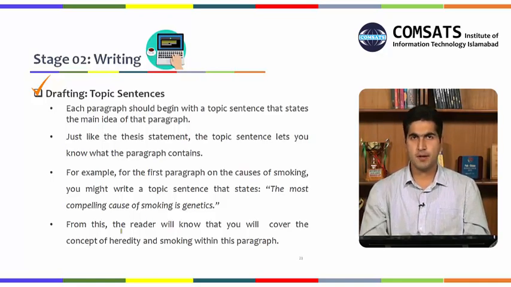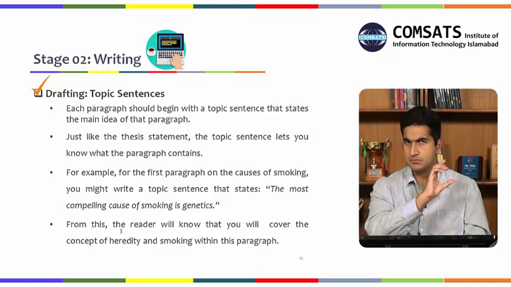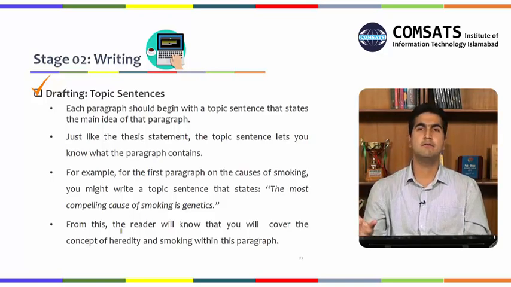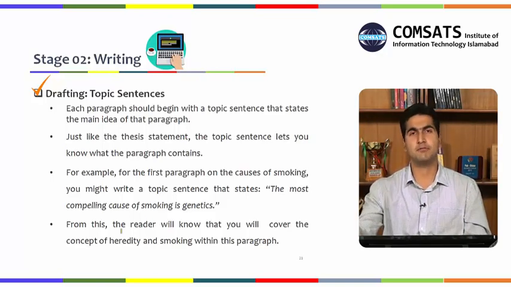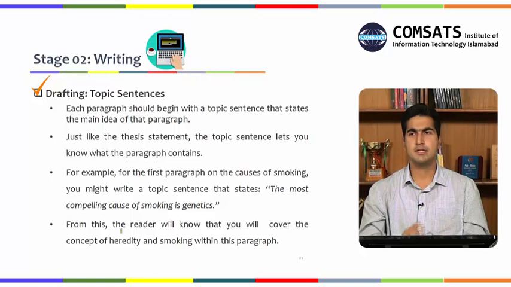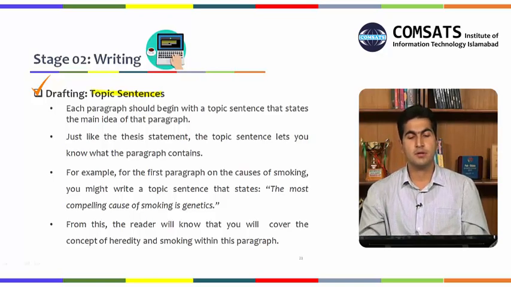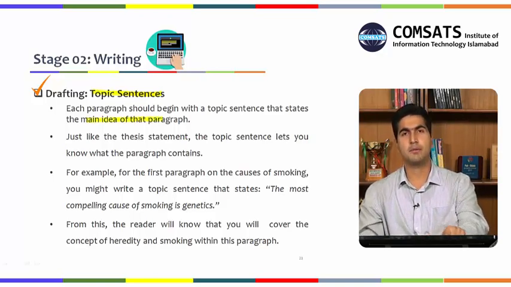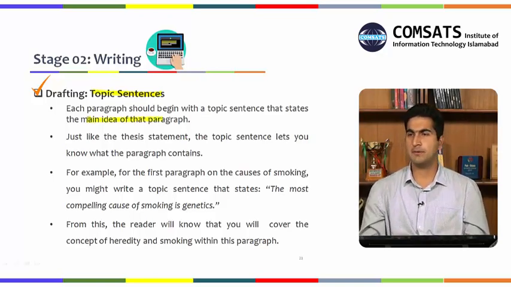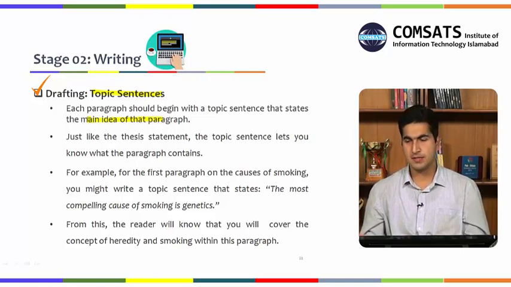But at the very start of the paragraph, you have to provide a sentence which stands as the topic of that whole paragraph. So it will clearly define what's coming ahead within this paragraph. That's why it's known as the topic sentence, stating the main idea of that paragraph. Even if someone already knows it, that's the purpose of a topic sentence: they can just move to the next topic sentence or the next paragraph.